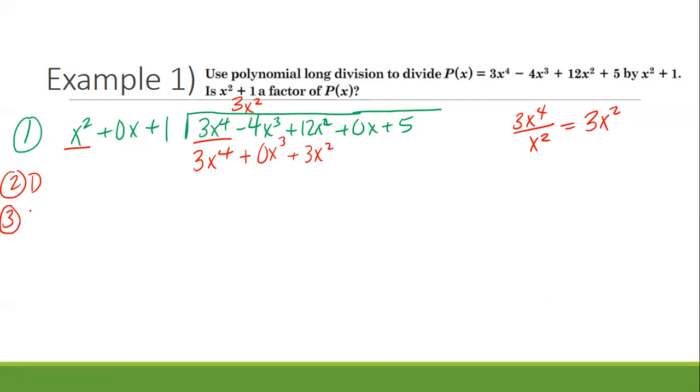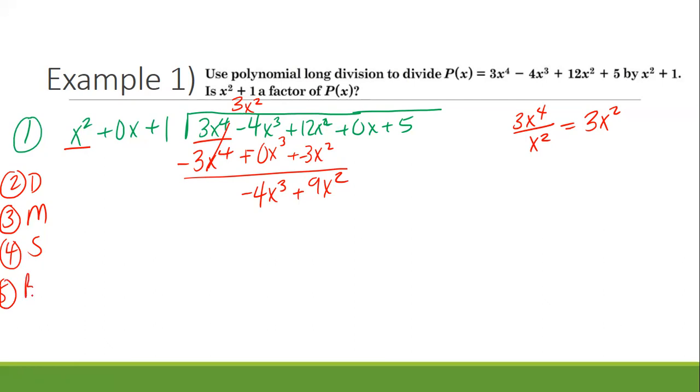So step 3 of multiplying is done. Step 4 is to subtract. When we're subtracting, we're changing the signs. So we have negative 4x cubed minus 0x cubed is still negative 4x cubed. We have 12x squared minus 3x squared. That's going to give me 9x squared.